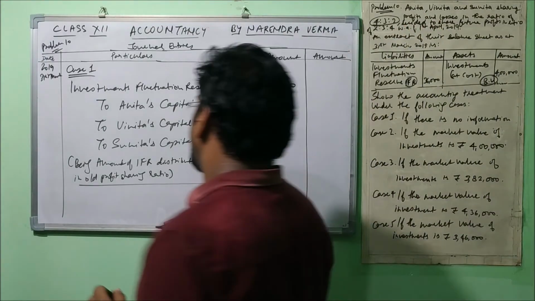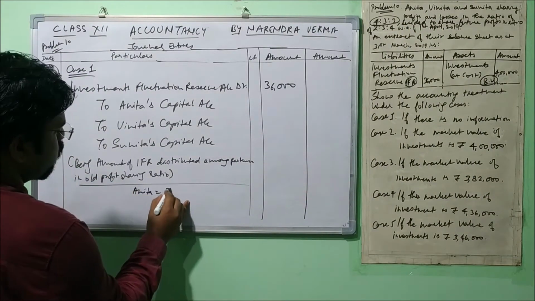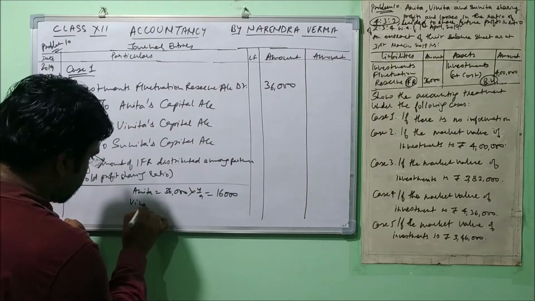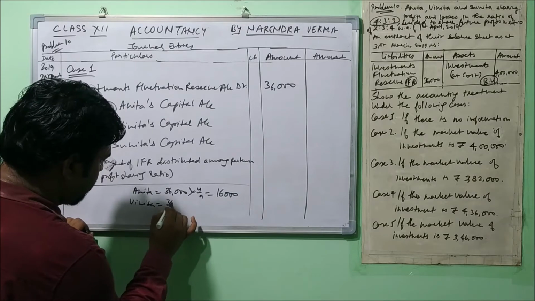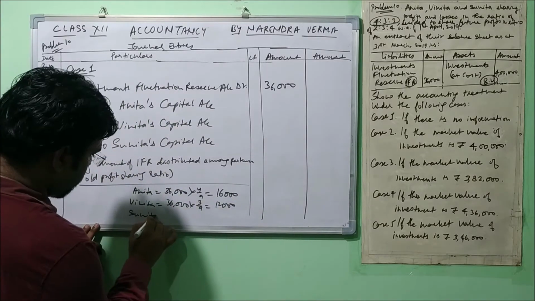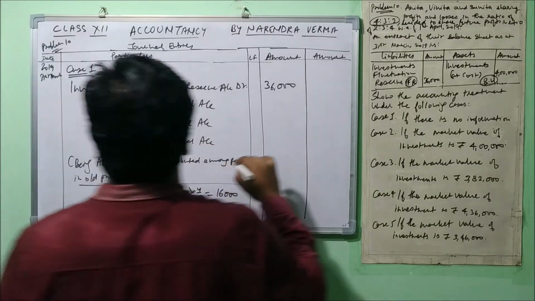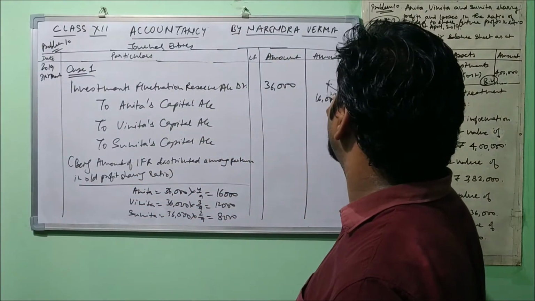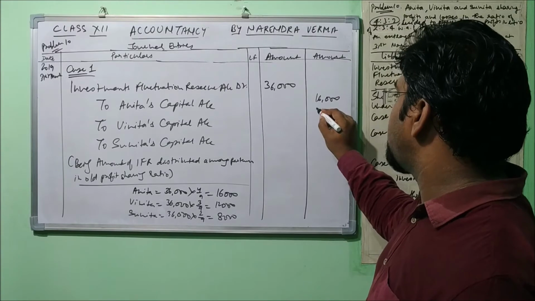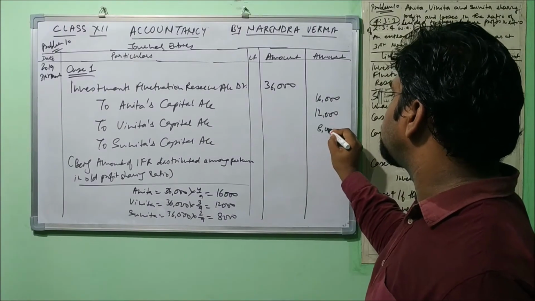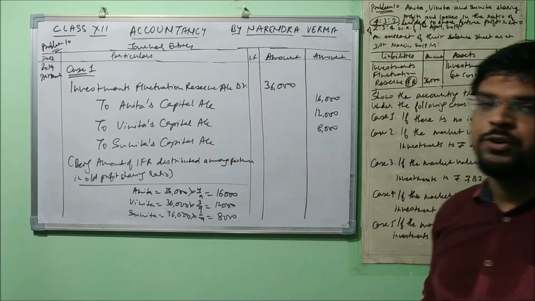For Anita, it will be 4/9 and the amount comes out to 16,000. Similarly for Vinita, 12,000. For Sunita, 8,000. So Anita is going to get 16,000, Vinita 12,000, and Sunita 8,000. That will be the entry.